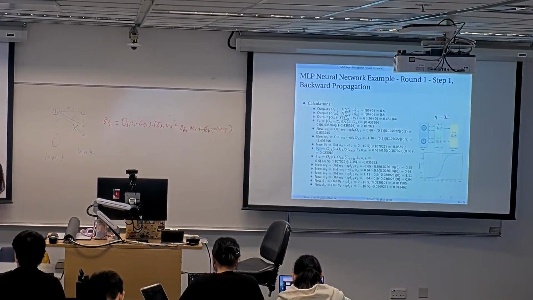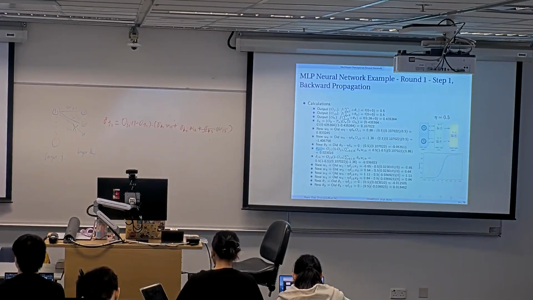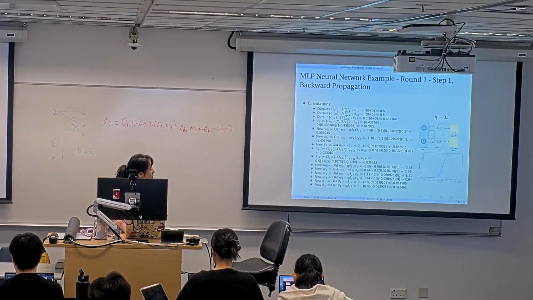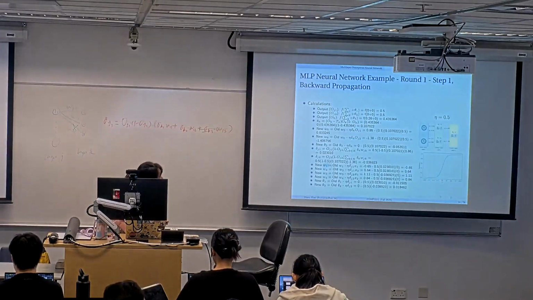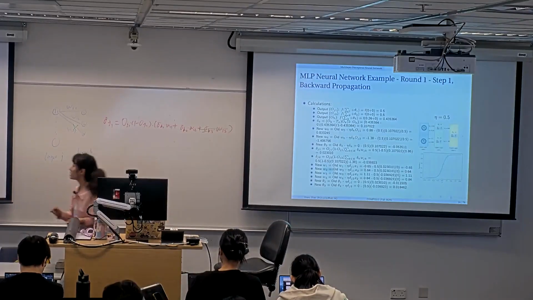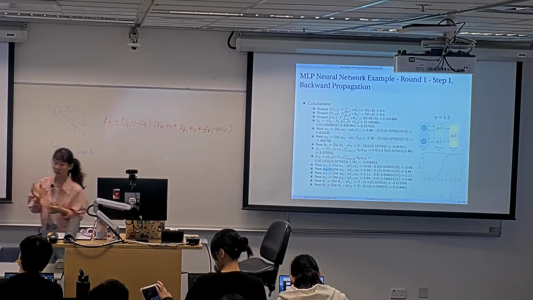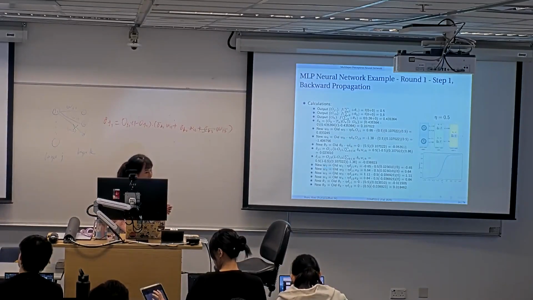It includes two weights, W1 and W2, because these two edges are connected to J1. So delta J1 is used to update new W1, new W2, and new theta 1, because these three parameters are associated with the node J1.